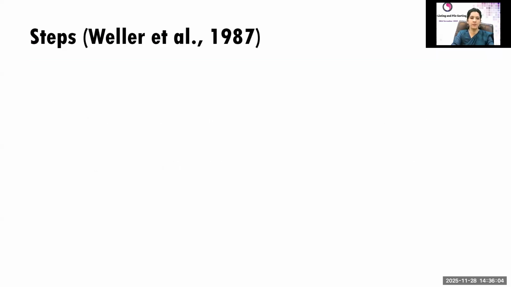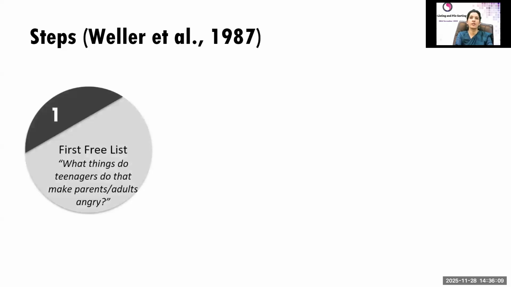For example, Weller did this study in 1987 on teenage students, and he generated the free list with a question like, what things do teenagers do that make parents or adults angry?